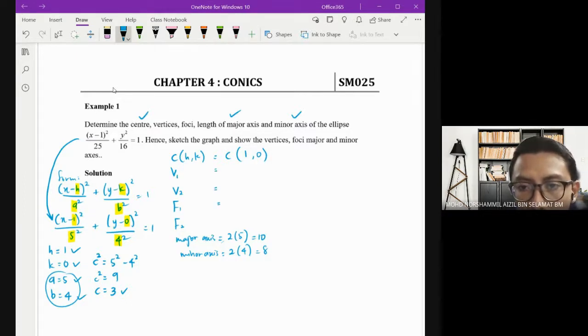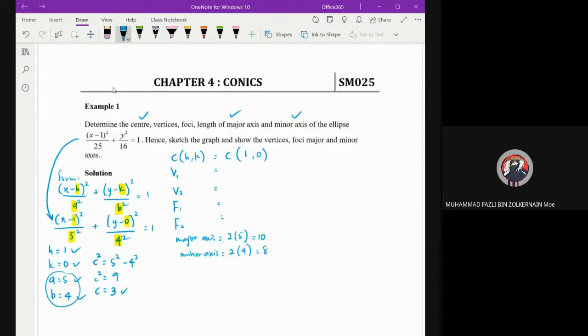Nak cari benda ni macam mana. Alright guys. Yang mana minor? A ke B? Minor ni maksudnya kecil. B kan? Okay.